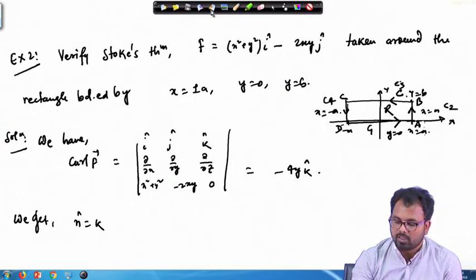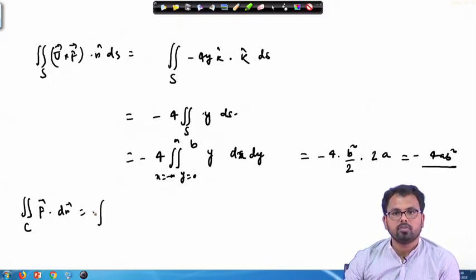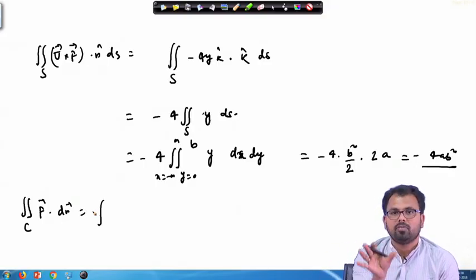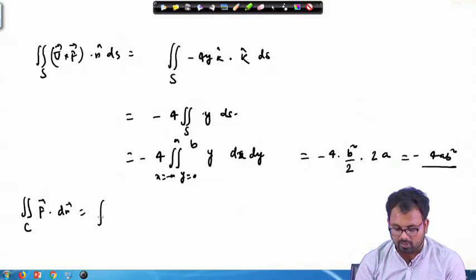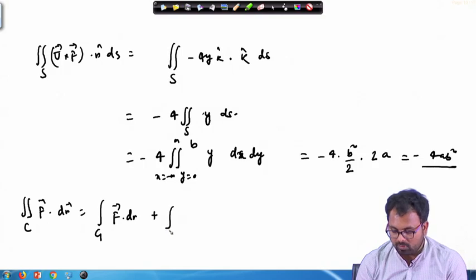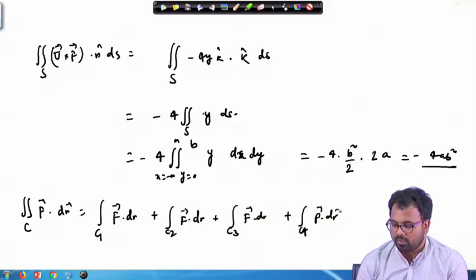So, we can write the integral over C as the sum of integrals on C1 plus C2 plus C3 plus C4: integral over C1 of f dot dr plus C2 f dot dr plus C3 f dot dr plus C4 f dot dr. We have to evaluate all of these 4 integrals.